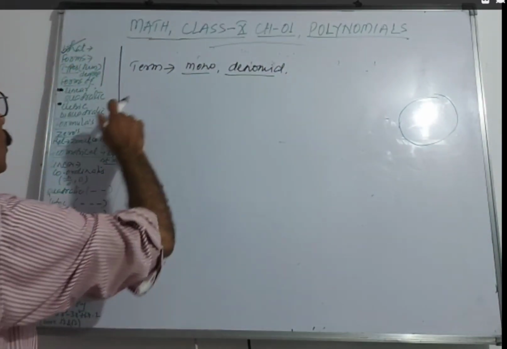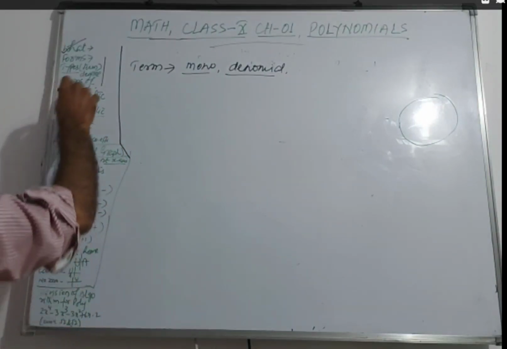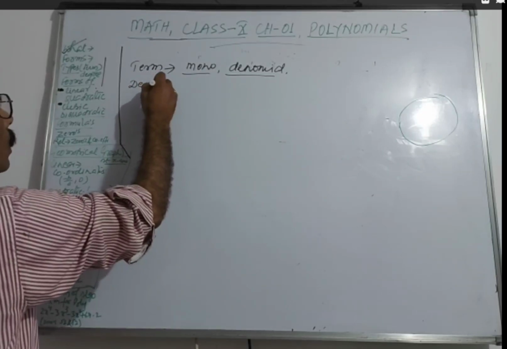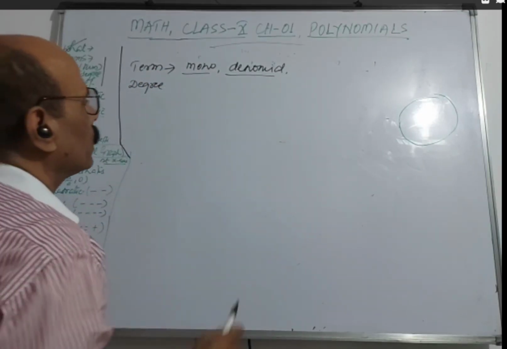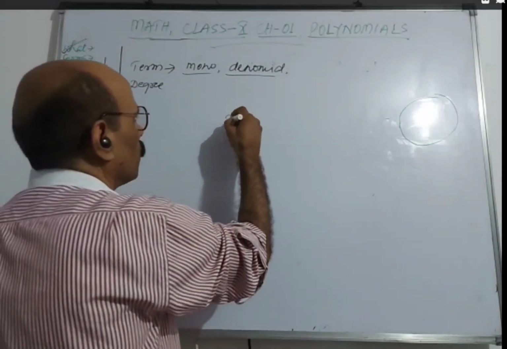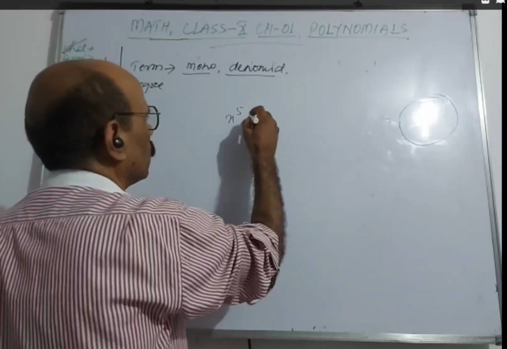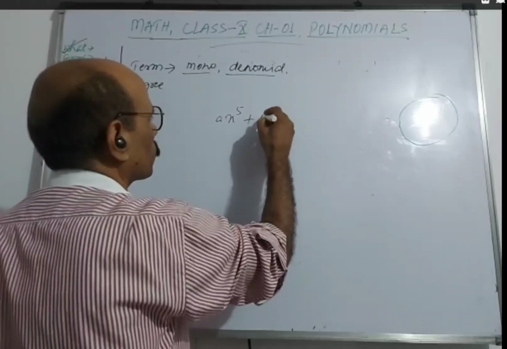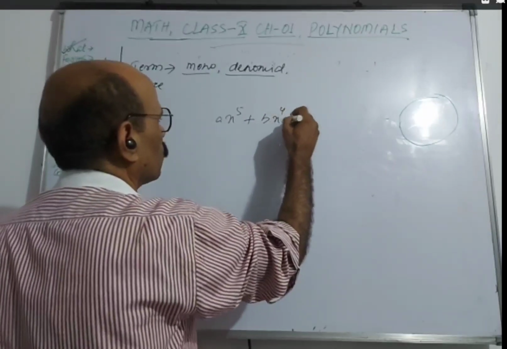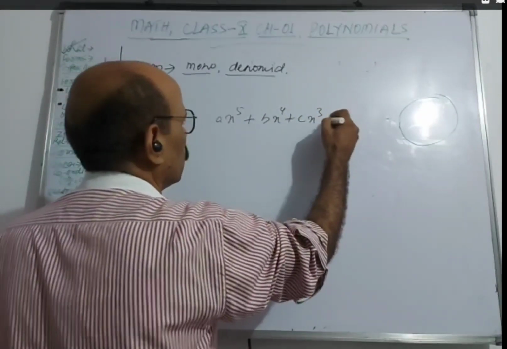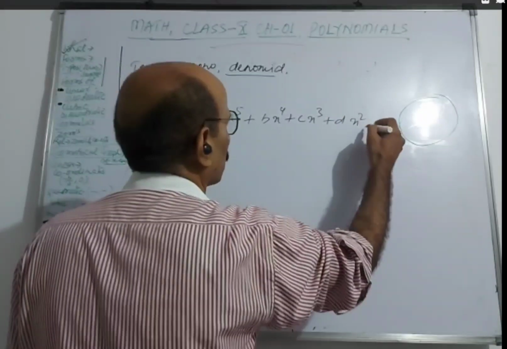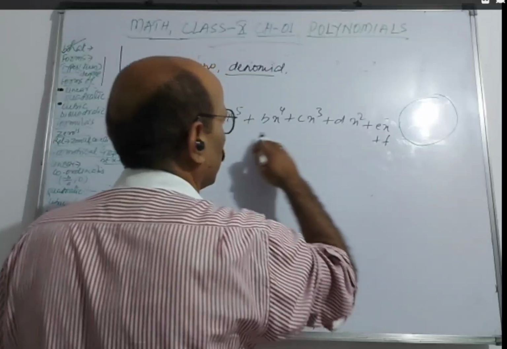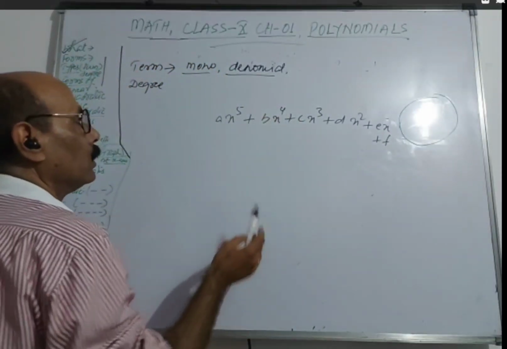Now on the basis of degree or exponent, degree of polynomial. First of all, let us know what is the degree of a polynomial. Suppose this is like this: ax square, bx to the power 3, like this, dx square plus ex plus f, whatever.